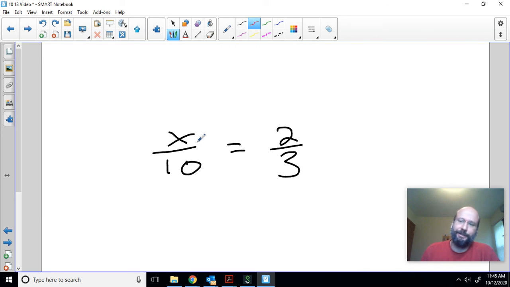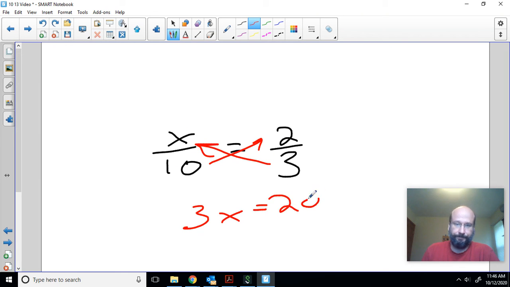This is an example I wanted to show you again because I got some confusion. But when you have 2 fractions between the equal sign, you just want to cross multiply. You want to multiply this 10 to the top over here and this 3 to the top over here. You'll multiply cross 10 to this 2 and 3 to this x. So the x to this 3 would be 3x and the 10 to this 2 would be 20.